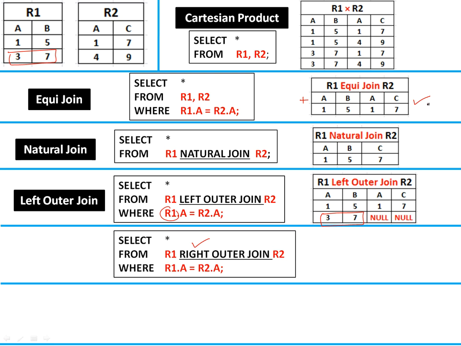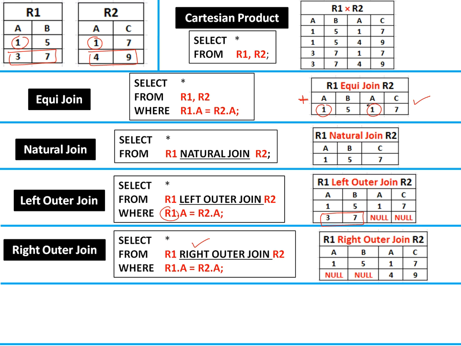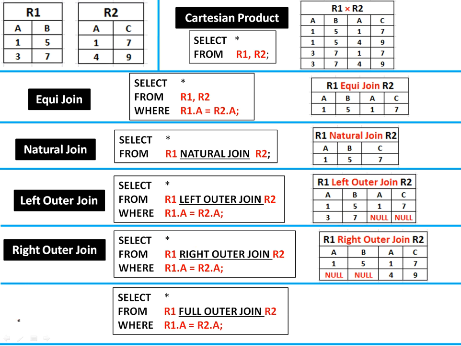That is 4 comma 9. 1 has already participated in the join. Yes. Next, full outer join. It is called full outer join. It is equi-join plus free rows of the left table plus free rows of the right table. That is, the union of left and right gives full outer join.